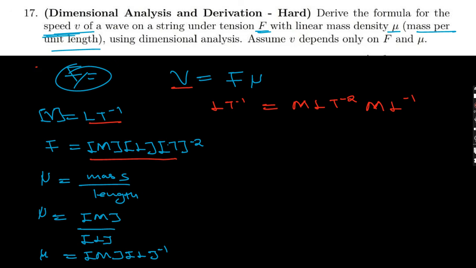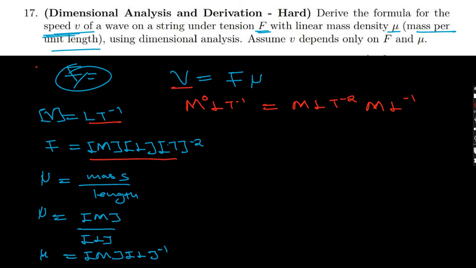Now I want you to see this. What we are doing here is this: here we don't have M, but here we have M. So we can say M to the power 0.